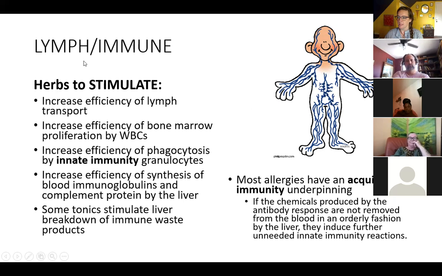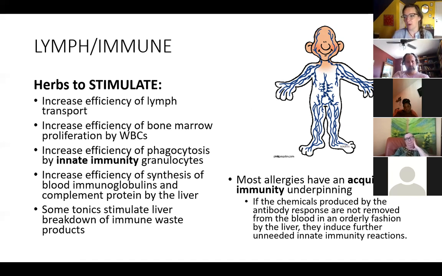So, herbs to stimulate, if you have a deficiency, in order to stimulate the lymph and immune system: increase efficiency of lymph transport. If you have sluggish lymph, I think about cleavers. You get that lymph moving, and sometimes that takes care of the infection because you just start moving your lymph a little bit better.